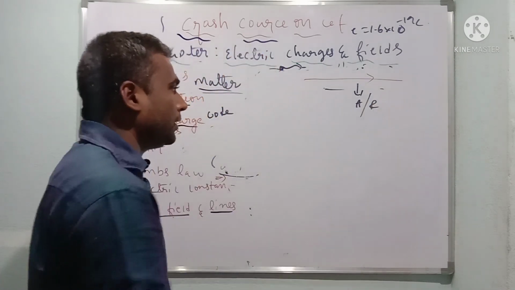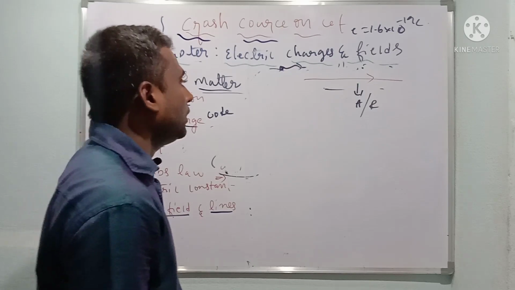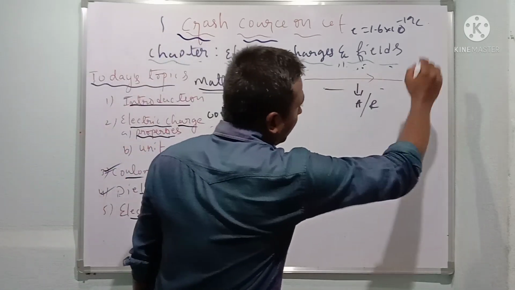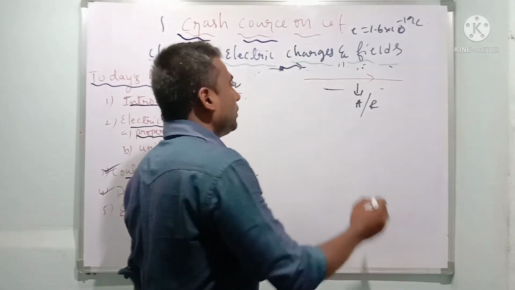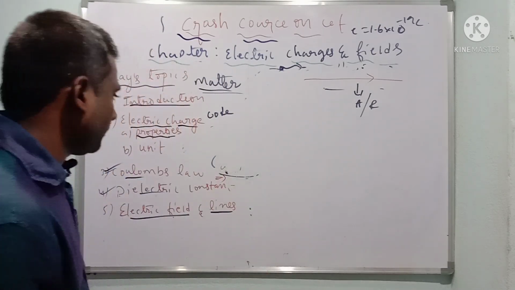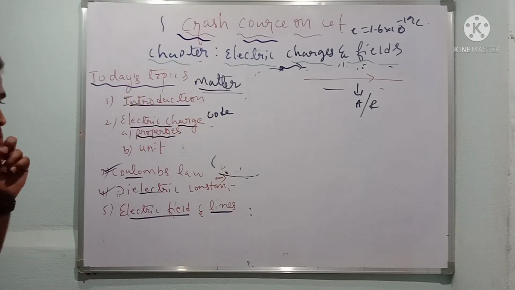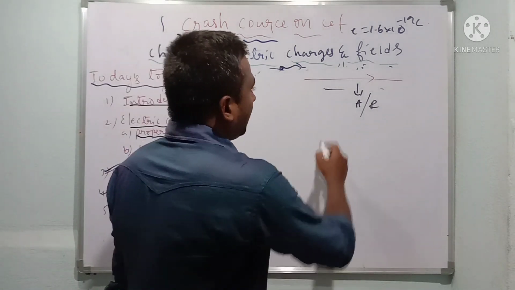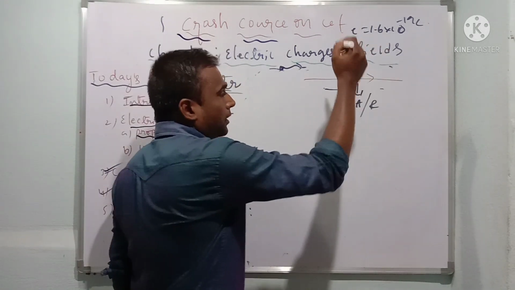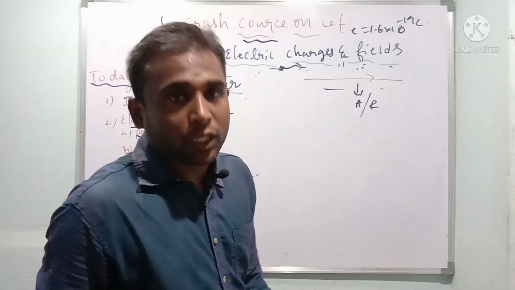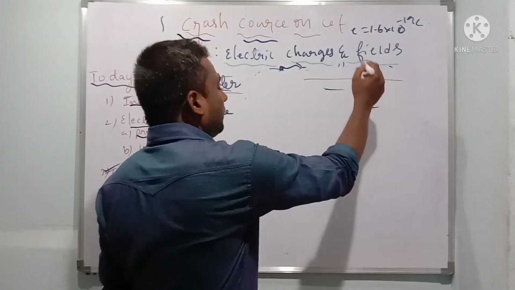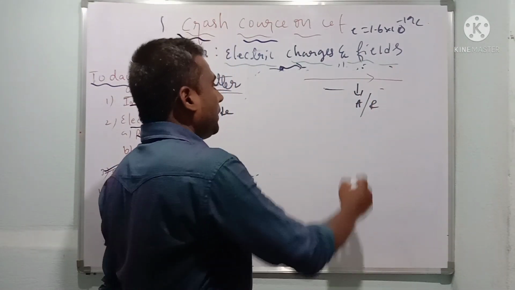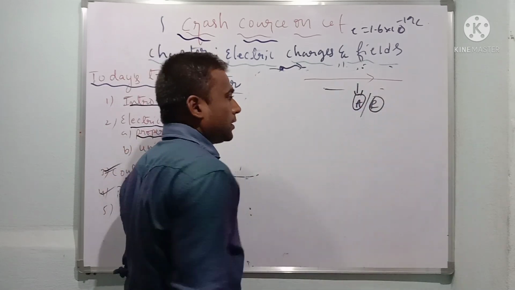The imaginary lines which move along the direction of the unit positive charge are called electric field lines. I am repeating once again, children: electric field lines are imaginary lines along with the moving charges, and it may be a force of attraction or repulsion.